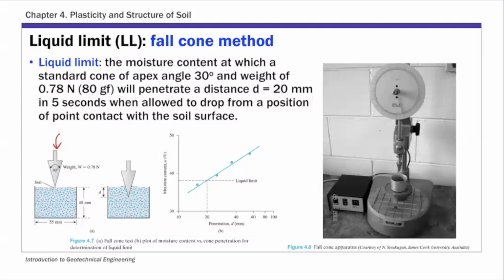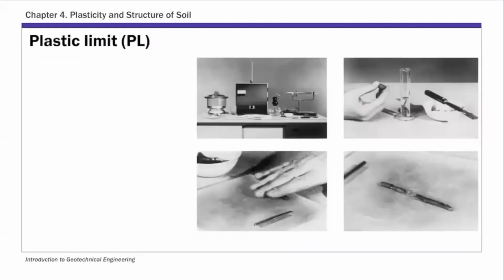And the next one is plastic limit. Okay, so this is plastic limit test, PL. So this test, this set of pictures actually shows the process of this test. And the base for this test is that soil crumbles when deformed at water content below plastic limit. So if the water content is below plastic limit, then soil tends to crumble. So it tends to show cracks when it's deformed.